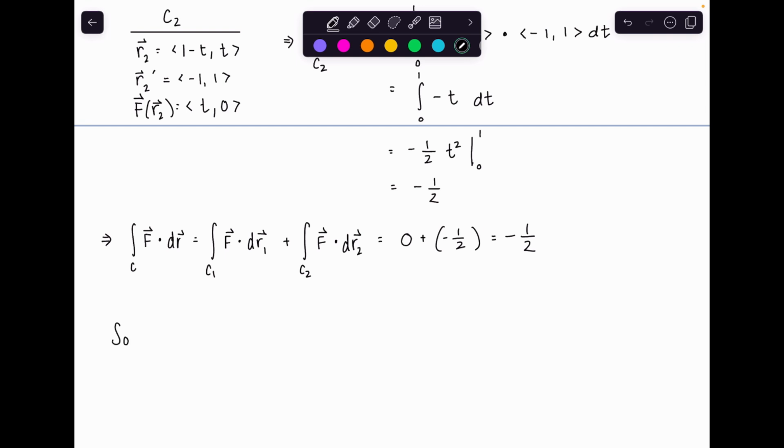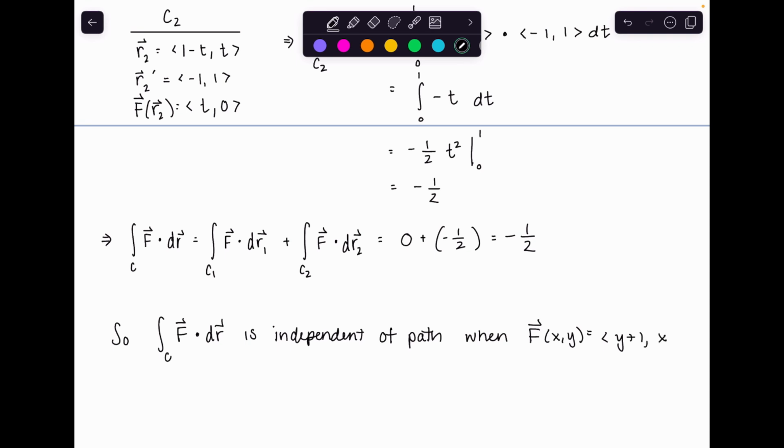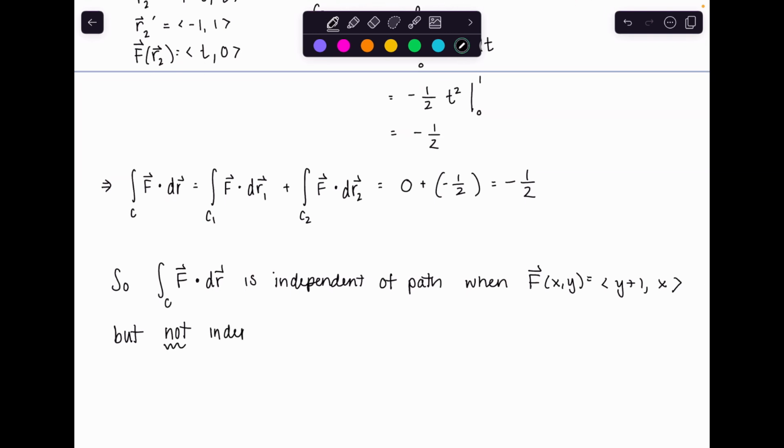So here, the line integral over the curve C of F dot dr is independent of path when the vector field on the inside is y plus 1, x, but it is not independent of path when the vector field was changed to y, 0.